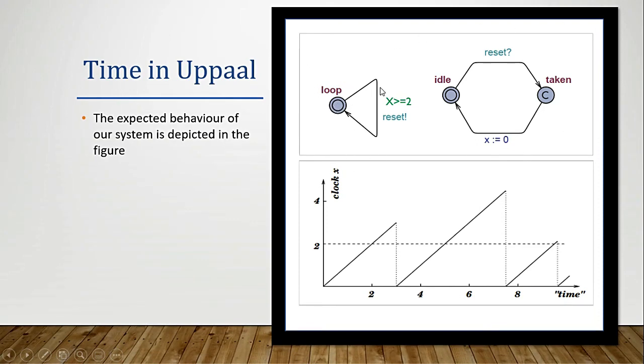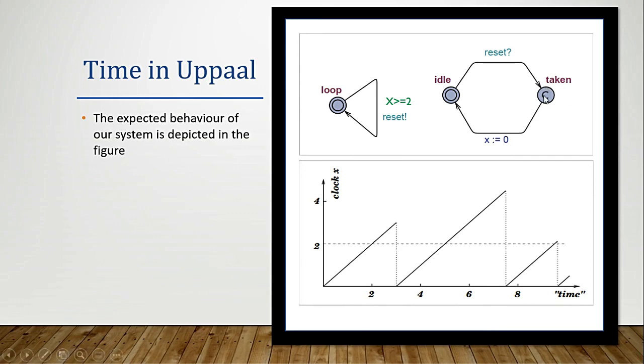Now we have x starting at 0, for example. The system will not allow this timed automaton to synchronize with another timed automaton until the time is greater than 2. Then the time will go to, or synchronize with, another timed automaton.